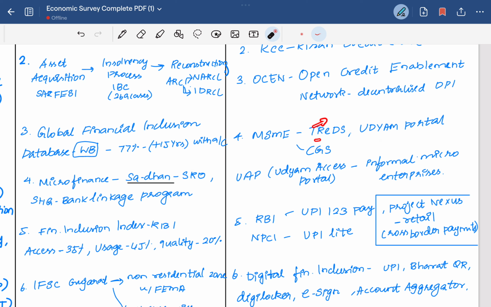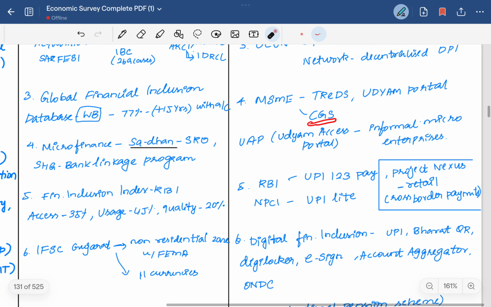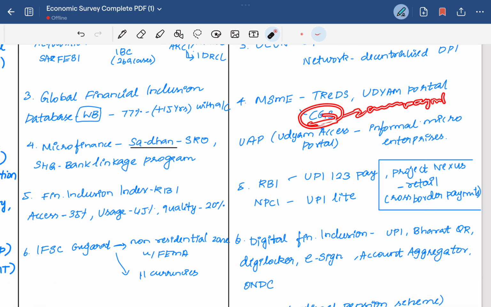The trade scheme is basically, for example, if an MSME is exporting some products worth 100, then the 100 rupees is registered, and there is some discount from the government side, so that there is a boost in exports. Then the credit guarantee scheme, that is the assured payment for the exports. It's a credit guarantee scheme.